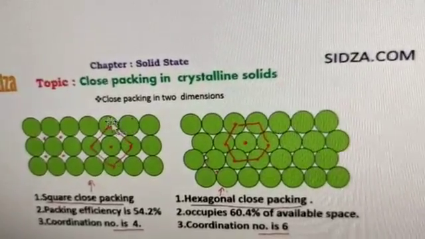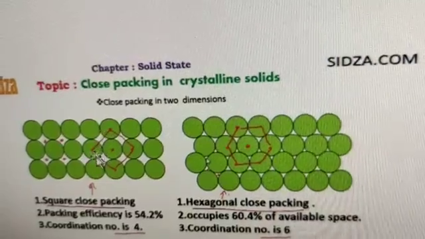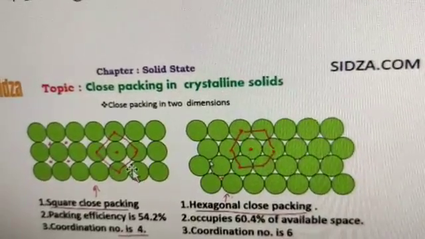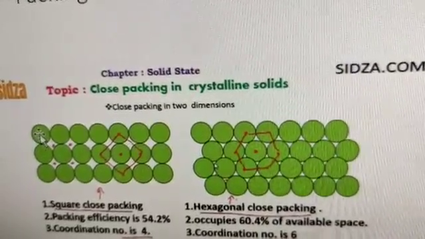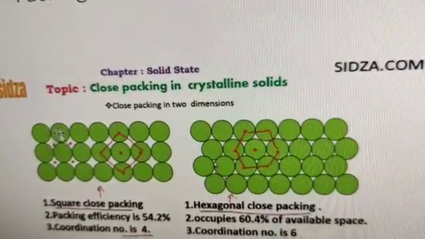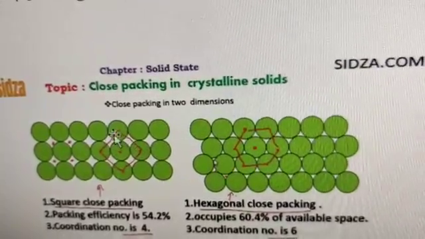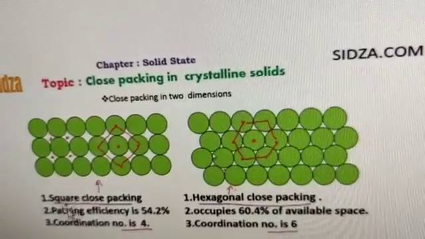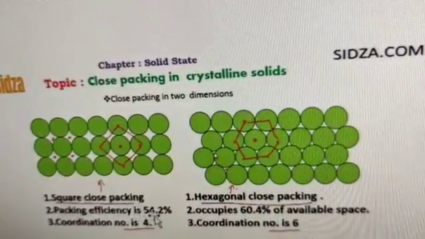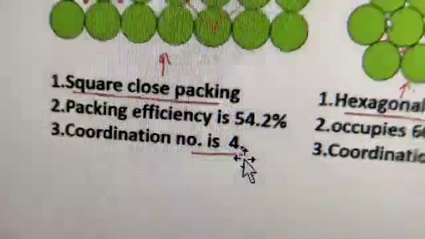Here the atoms are arranged so that a square can be made. Means one atom is arranged below another atom and the series is given, by which the square can be made. Here the packing efficiency is 54.2% and the coordination number is 4.